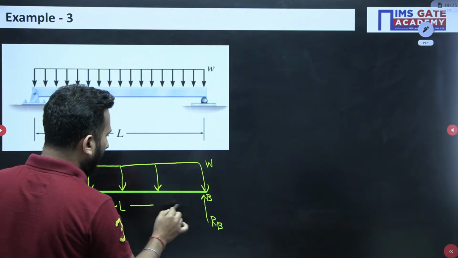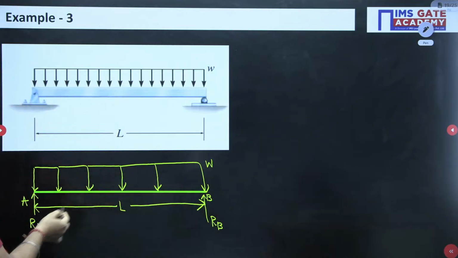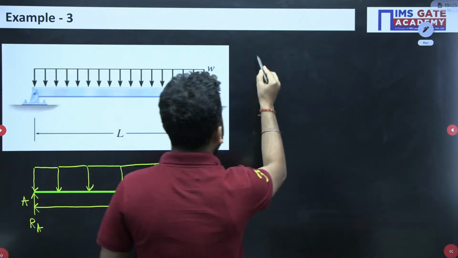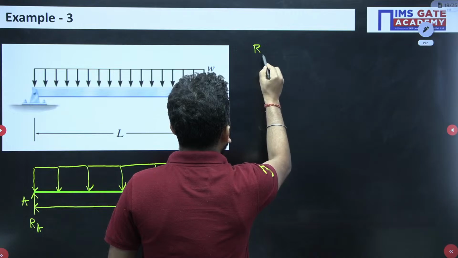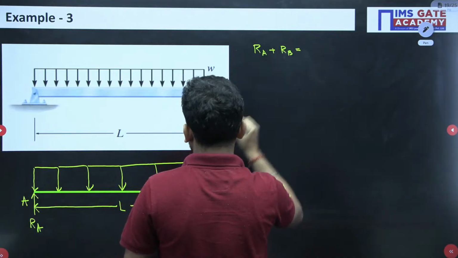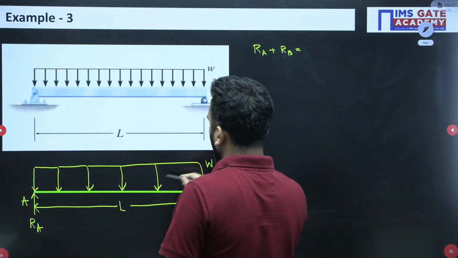So obviously I can say that RA will be equal to RB, it will be equal to some value, but let me show you how to calculate the support reactions. So RA plus RB will be equal to, what is the value of the net force?